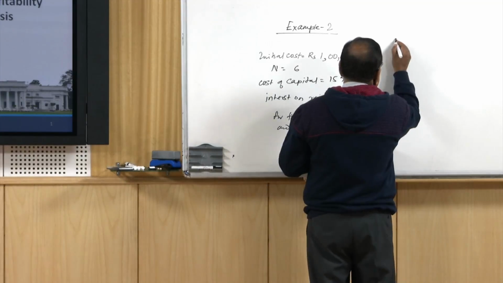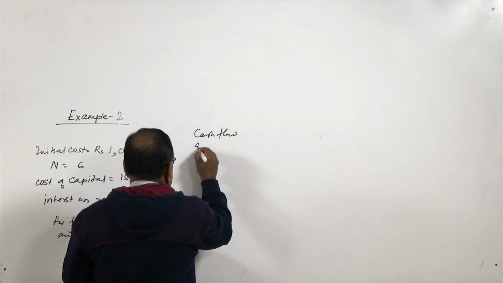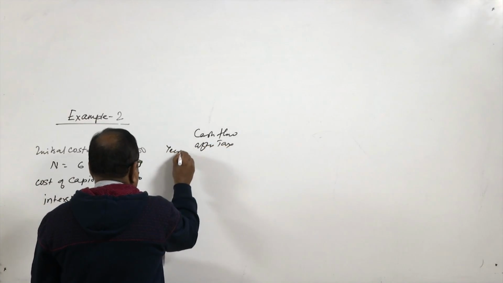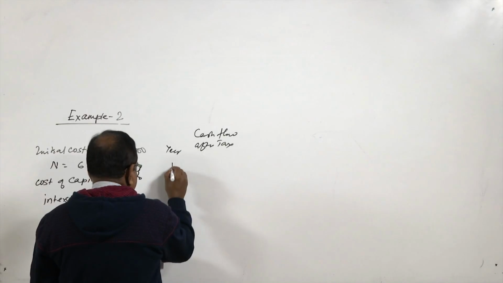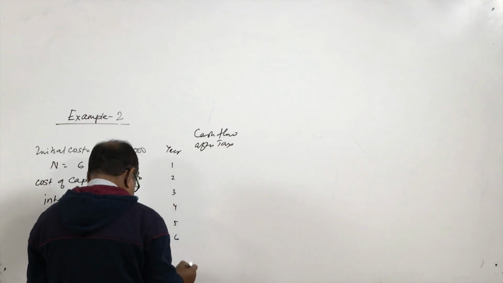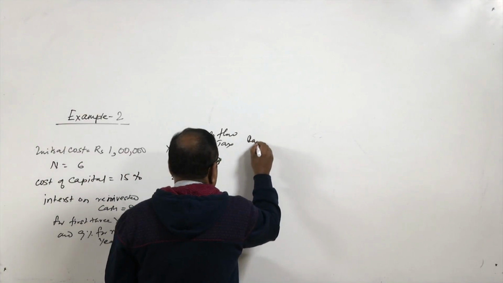Now, if you see the cash flow after tax, this is the year: 1, 2, 3, 4, 5, 6, and this is the rate of interest.